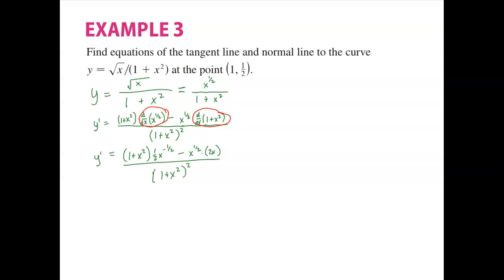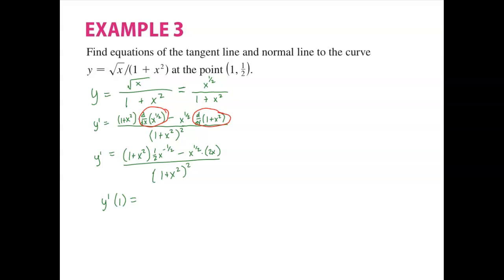So this is a case where you certainly don't want to simplify, because all we're going to do is plug in 1 for x. So there's no reason to try and simplify all these x's when we're just going to be replacing all the x's with constants, and it's much easier to just do order of operations and simplify constants down than it is to deal with variables and combining like terms and stuff like that. So I'm not going to do anything.